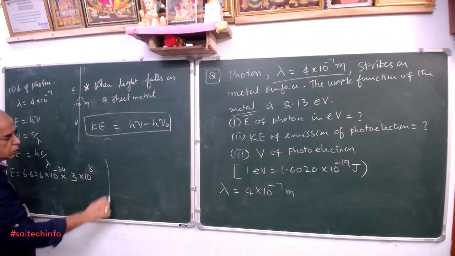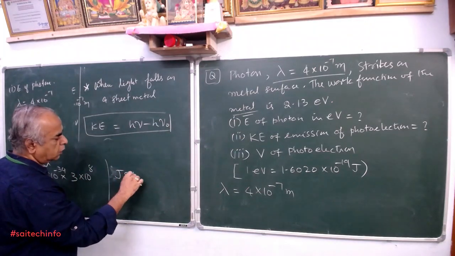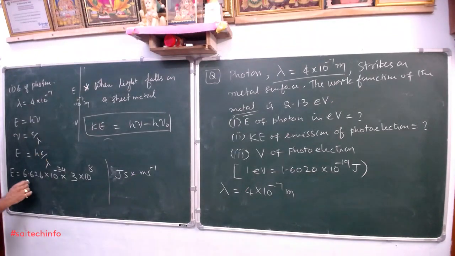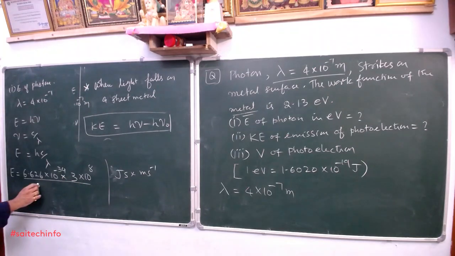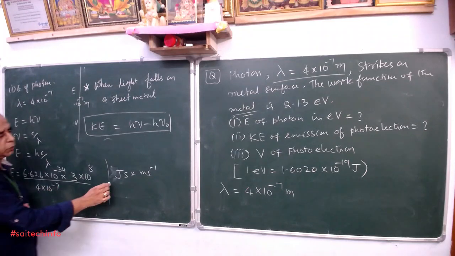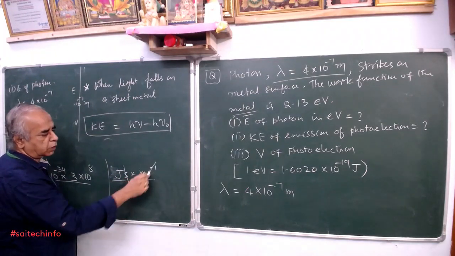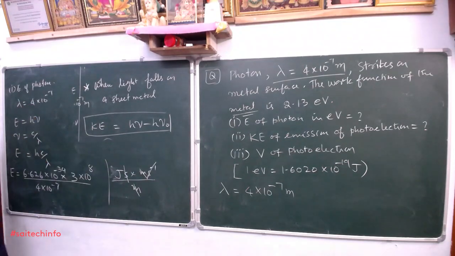And then divided by lambda, which is 4 into 10 power minus 7, and here you can put meter. So second inverse cancels, meter cancels, so you have got joule.